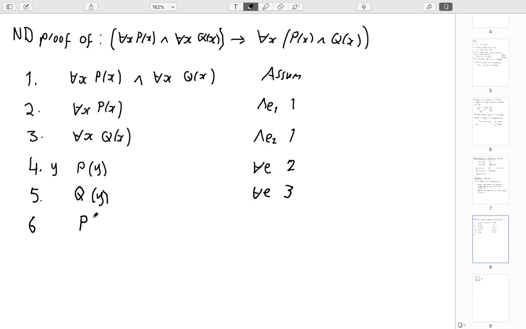So now we can apply our introduction rule for the conjunction and derive that Py and Qy. So this is by and introduction from lines 4 and 5.